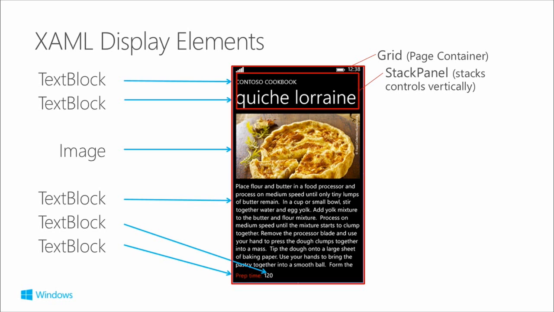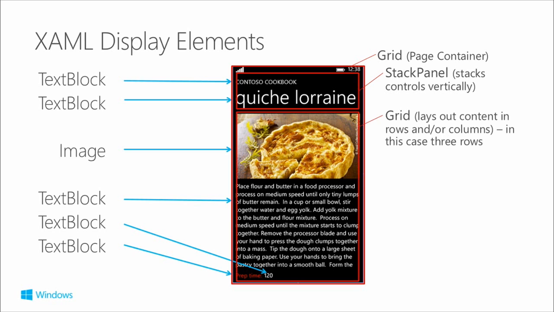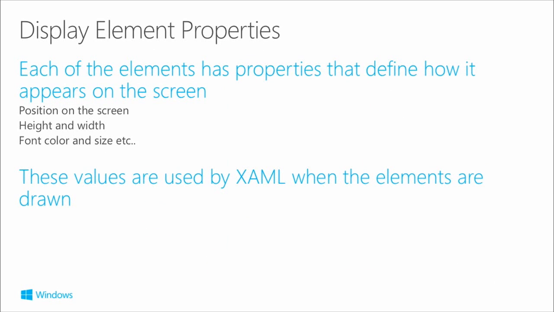Then we've got other layout controls which are all about arranging these controls together. So a stack panel is where you can stick controls into it and it will automatically stack them either vertically, as in this case, or in the bottom one horizontally. These layout controls all work together. We're going to build this in a minute, so if you haven't done any XAML design, you'll be able to see how it works.